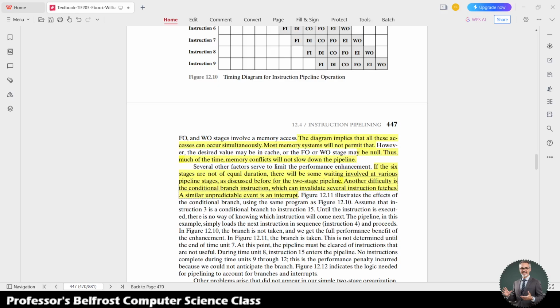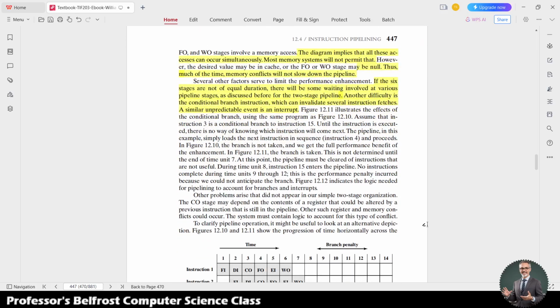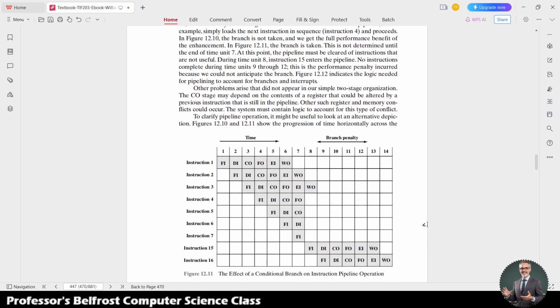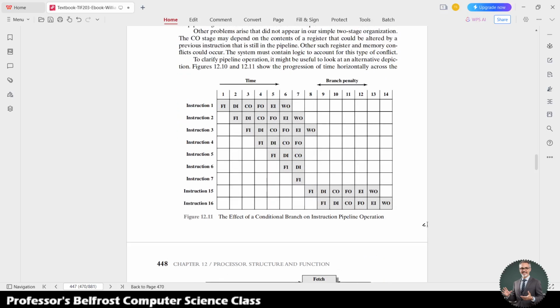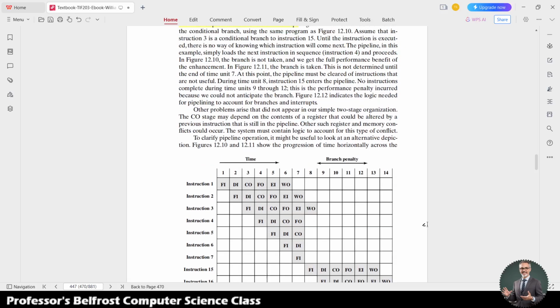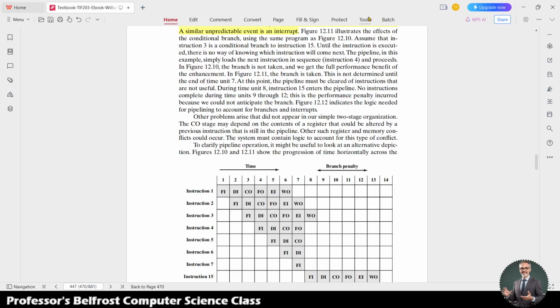Okay, so we are directed to see figure 12.11. Actually, this is how the conditional branch is handled, which will affect the instruction pipeline operation. Here's the description. Assume that instruction 3 is a conditional branch to instruction 15.